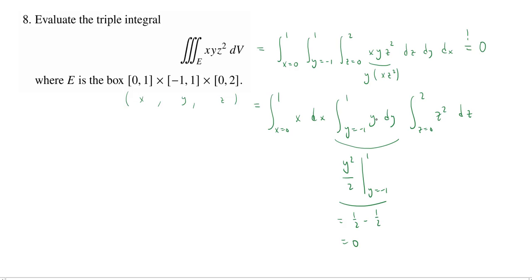And when you integrate an odd function from, say, -a to a, this is always going to equal 0. So without doing all of this work, we might also have seen that this particular integral was 0. So it won't really matter what the other two here are because there's a 0 factor.